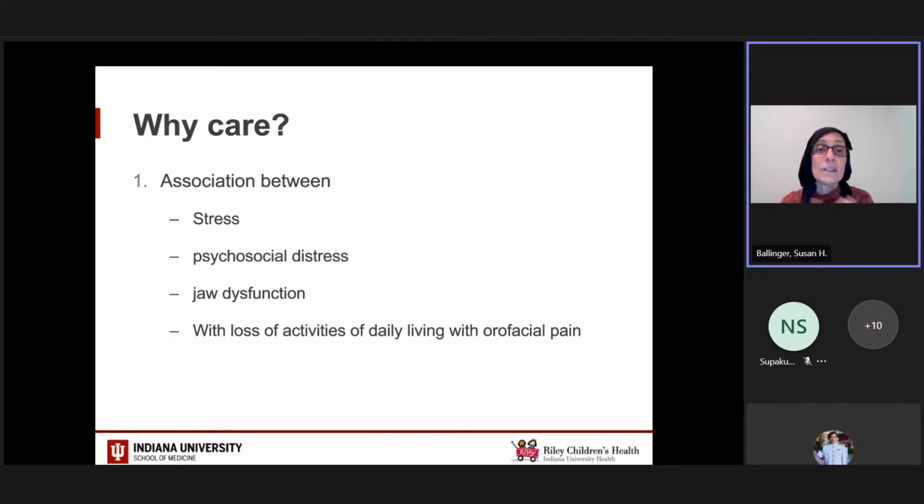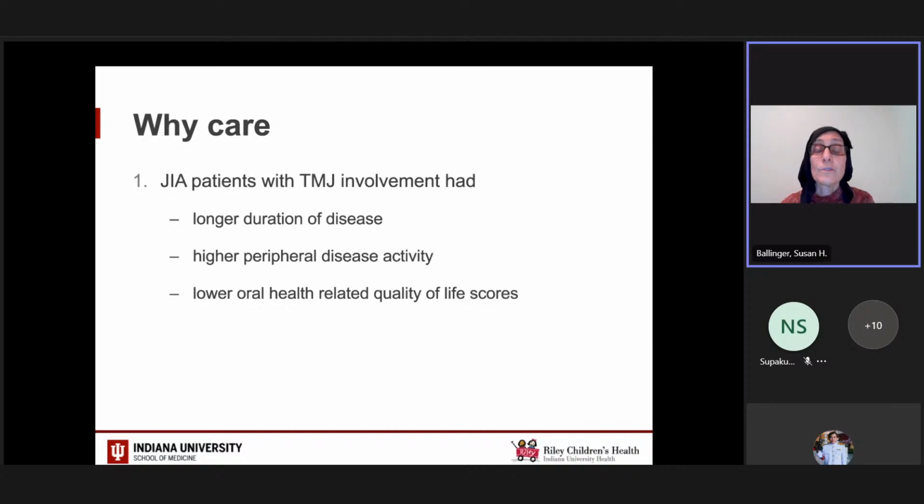Well, there's an association in terms of TMJ disease between stress, psychosocial distress, jaw dysfunction, and loss of activity of daily living with orofacial pain. Children with JIA with TMJ involvement not only have longer duration of disease and higher peripheral disease activity, but they have lower oral health related quality of life scores. And that makes sense.